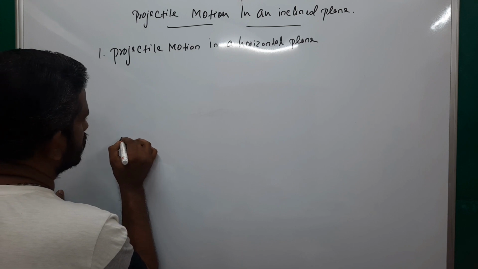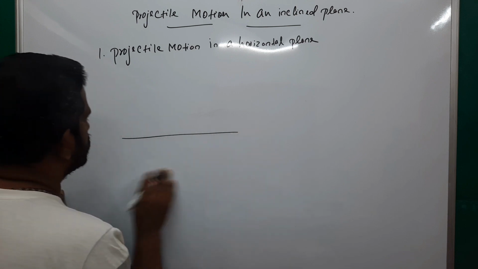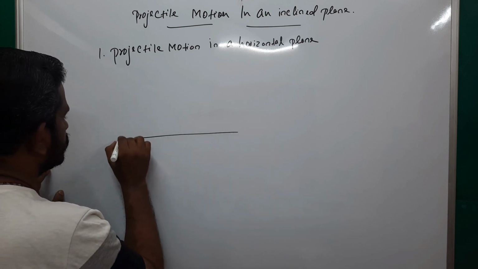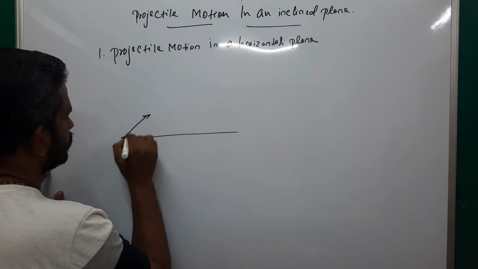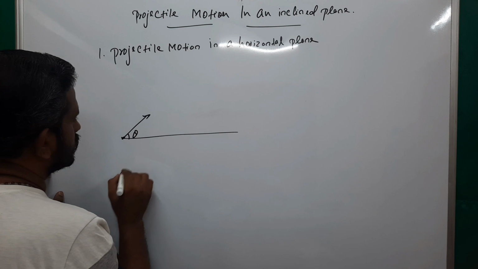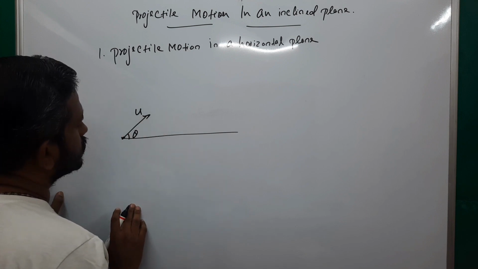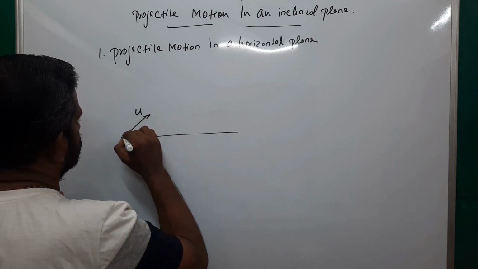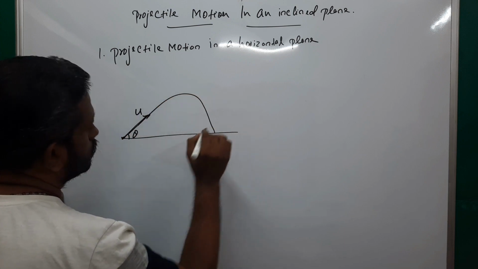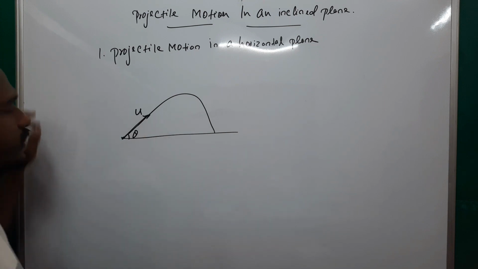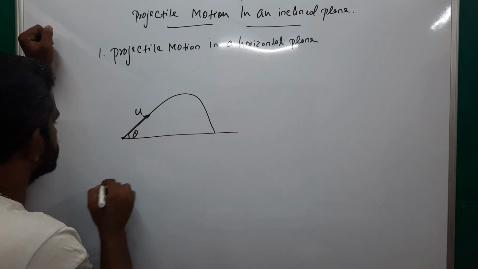So this is a horizontal plane. From here a projectile is projected at an angle theta with the horizontal, with the initial velocity u. It makes a trajectory like this.